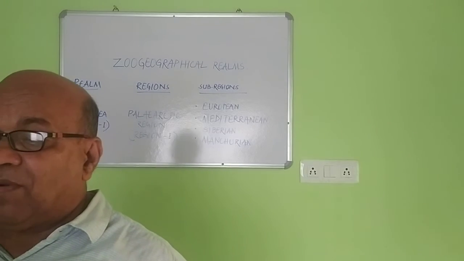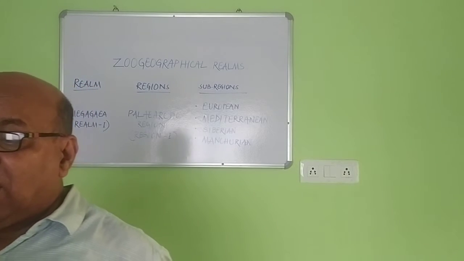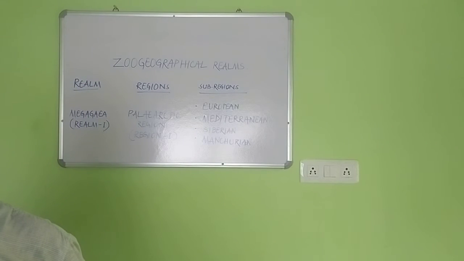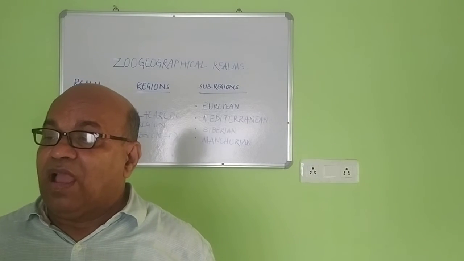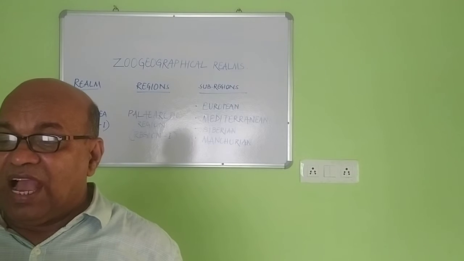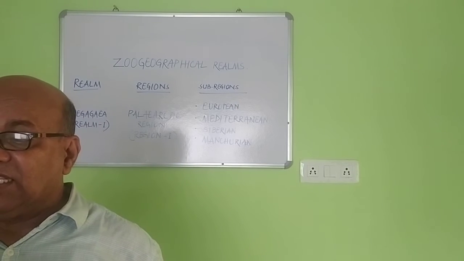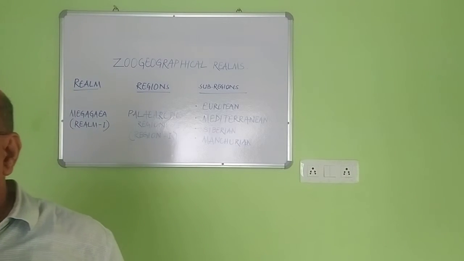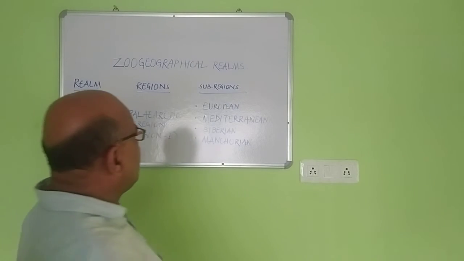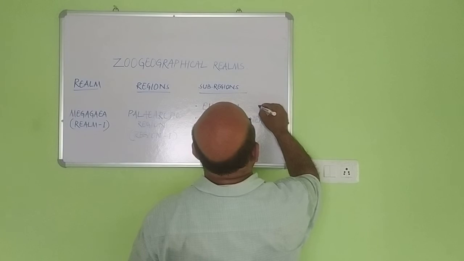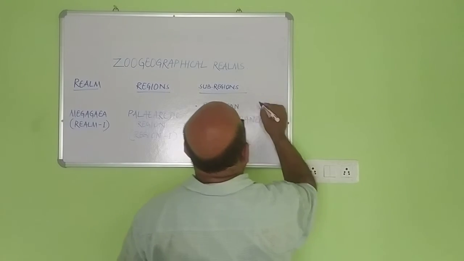First of all, the European. European is a sub-region of the Palearctic region. It includes northern and southern Europe, the Black Sea and Caucasus, and this region is represented by 85 families of vertebrates.